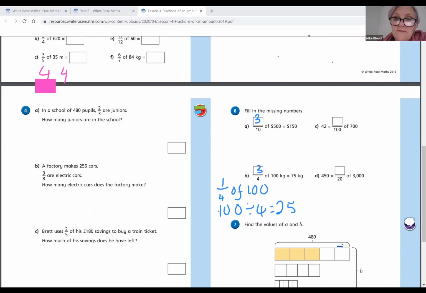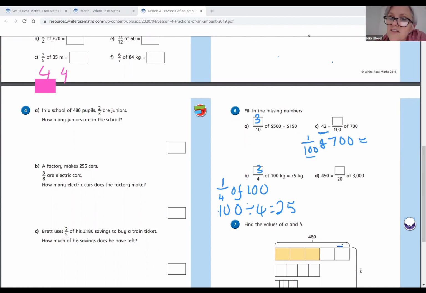Okay, so this one is slightly the opposite way around. They've just written it the other way around. It's not actually a different question. So 42 is how many hundredths of 700? So I want to know what 1/100th of 700 is. How do I find 1/100th? Well, I divide by 100, don't I? I don't think we need to do a bus shelter for that, do we?